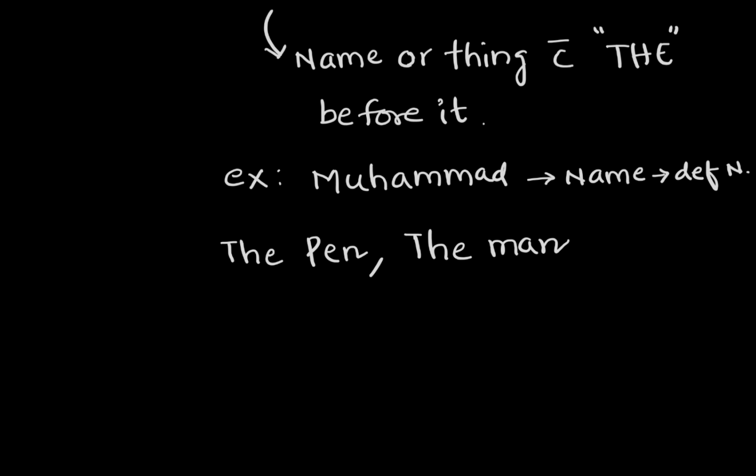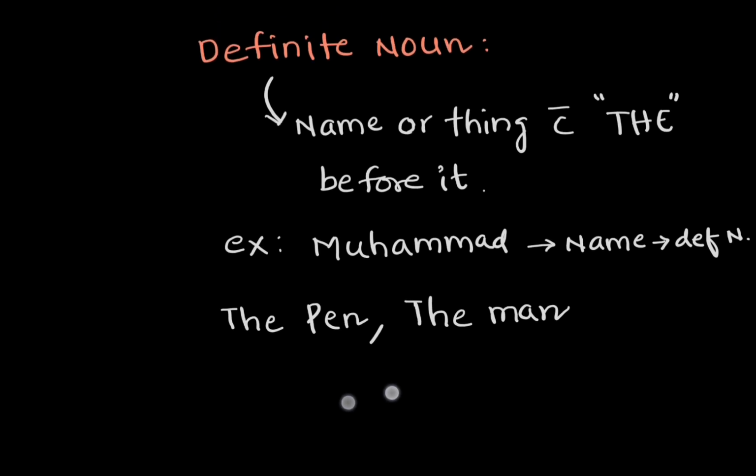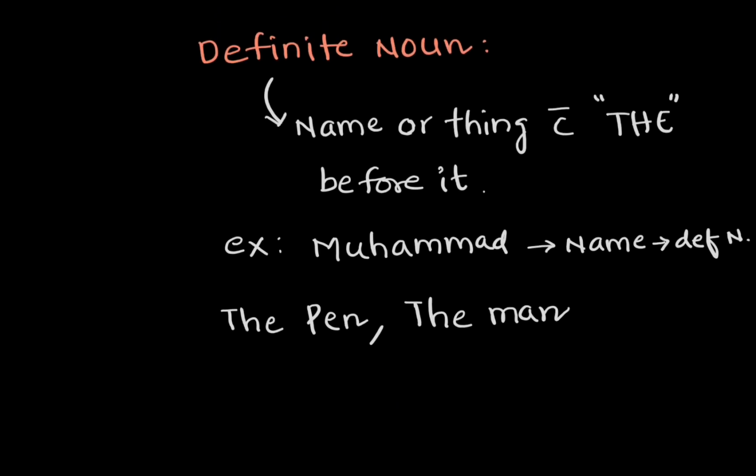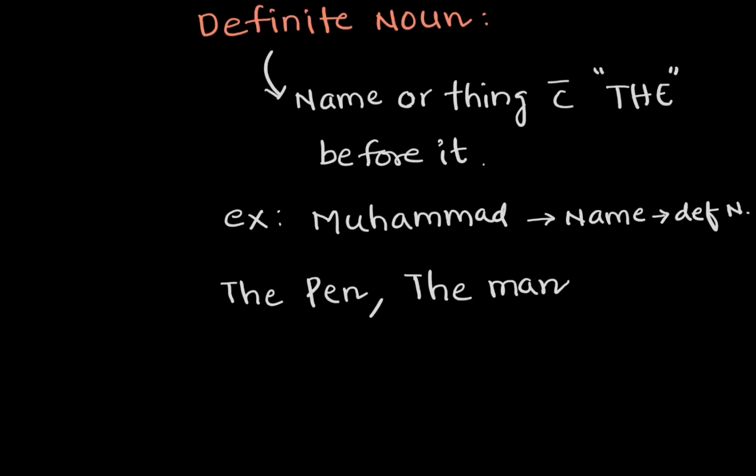Here we are talking about a particular pen or a particular man, so this is also a definite noun. As per the definition, a definite noun is a name or a thing with 'the' before it.